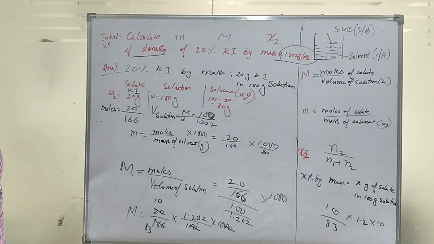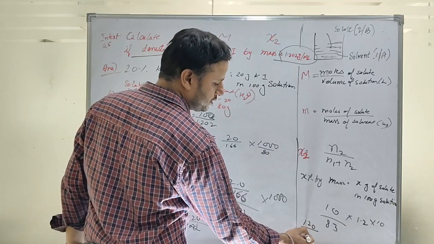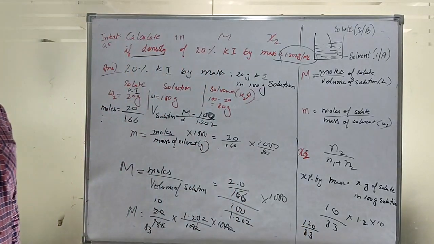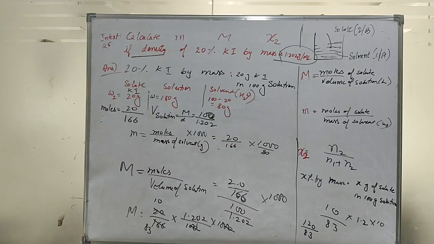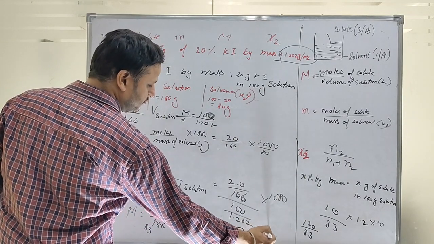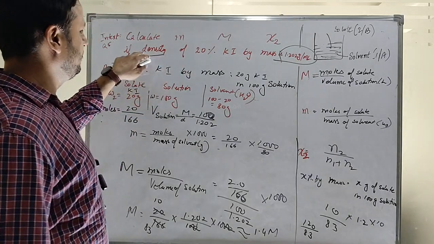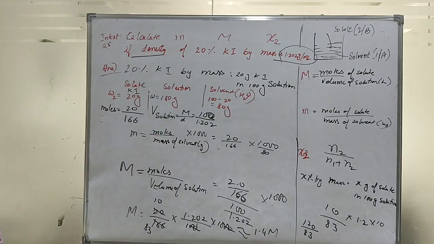So 10 into 1.2 is 12, 12 into 10 is 120, 120 over 83 and it will come approx 1.37, 1.4 near about, approx 1.4 molar. So that is molarity, and the third we have to find the mole fraction, and it is same like the last question.